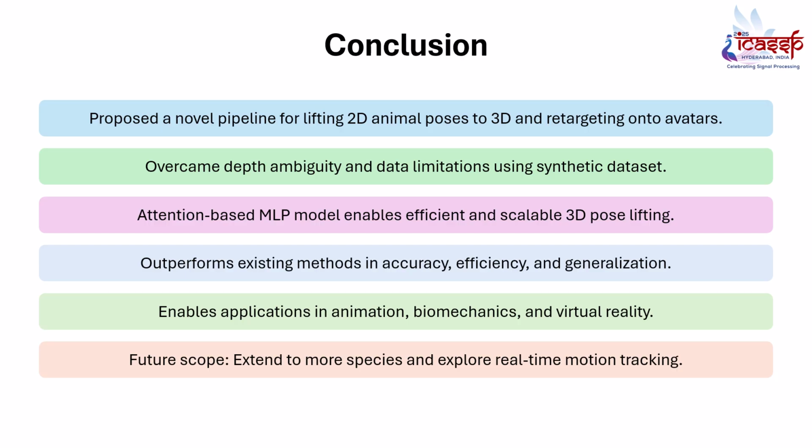Our model is also independent of the image data, making it more robust to domain shifts in natural settings. The quantitative and qualitative evaluations demonstrate that our method is more accurate, efficient, and generalizable for in-the-wild 3D animal pose estimation.